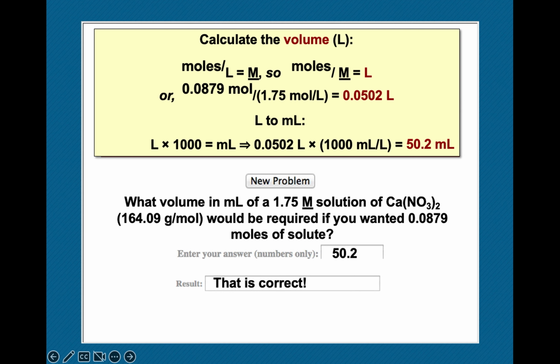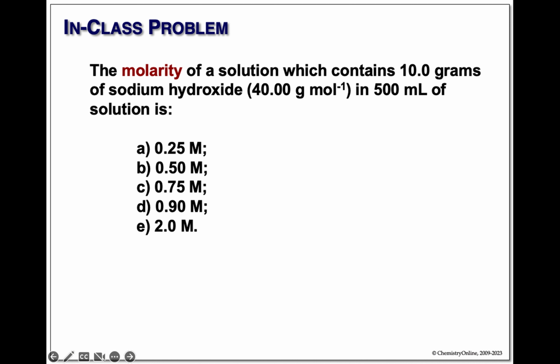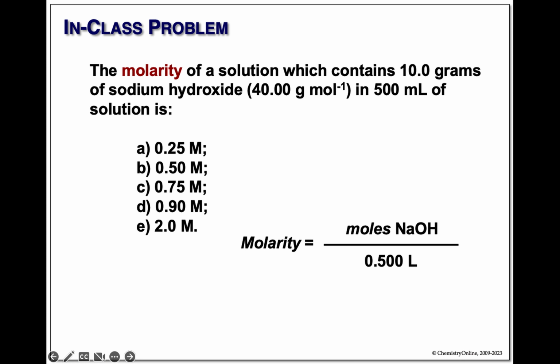All right, more test questions. Here we have a solution with 10 grams of sodium hydroxide in 500 mLs of solution. What is the molarity? Molarity is going to be moles of sodium hydroxide divided by our volume in liters. 500 mLs is 0.5 liters.